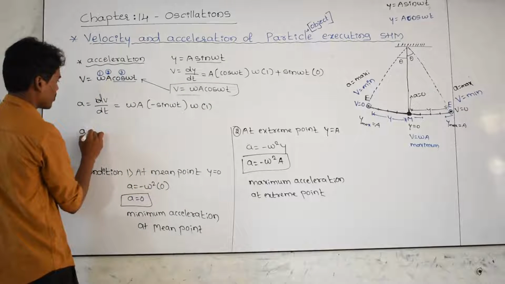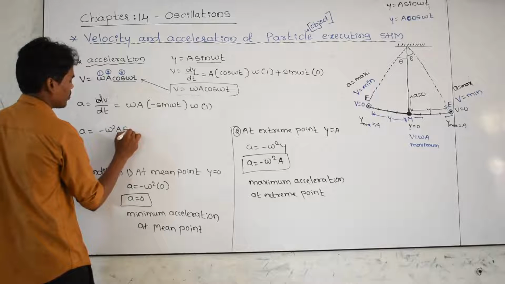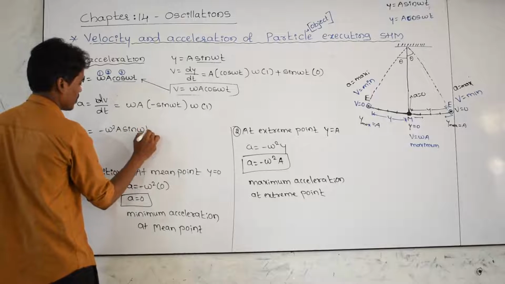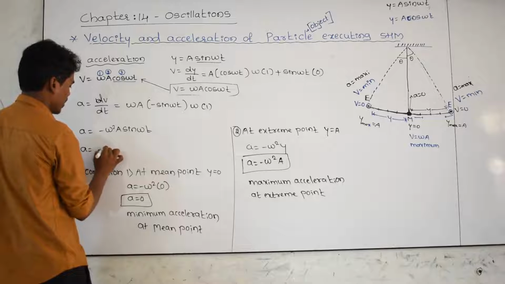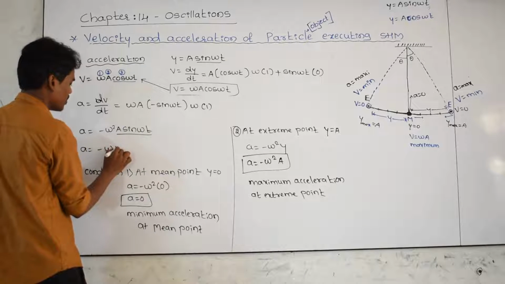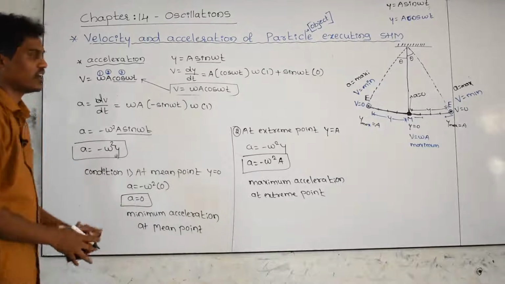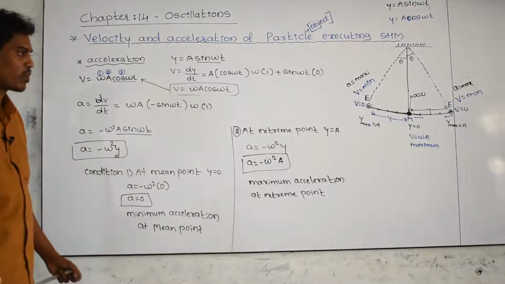This means A is equal to minus omega square A into sin omega t, and A is equal to minus omega square y. I have substituted all the conditions and we are getting this.